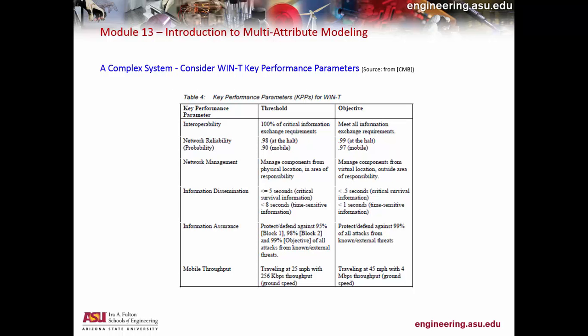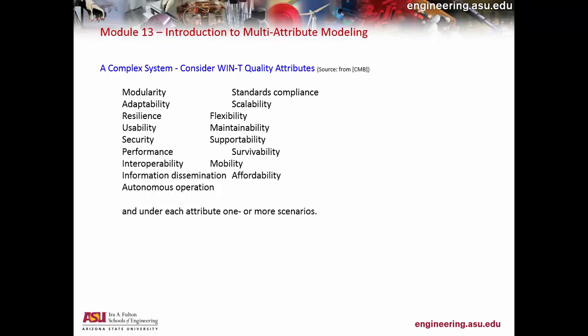So how do we measure key performance parameters? Here's an example, such as how quickly does information get out, how mobile can you be when you're moving with it, and how well does it operate with other systems.